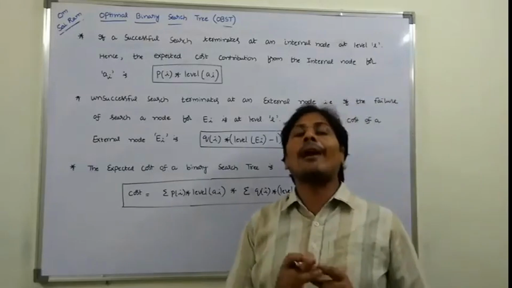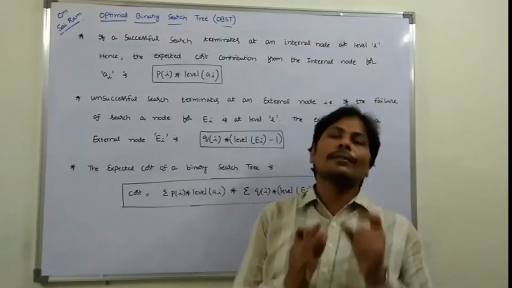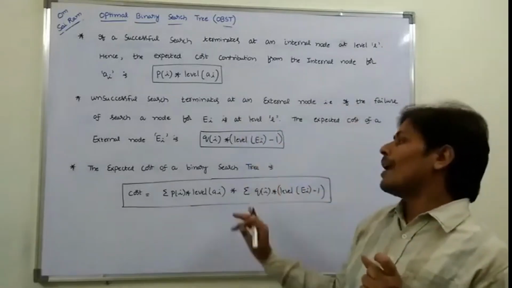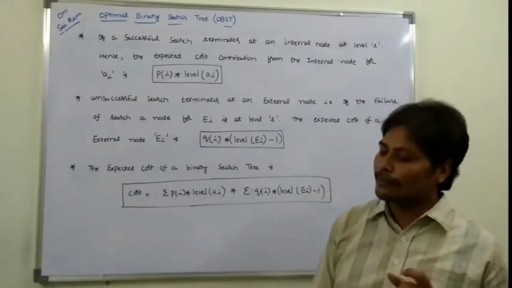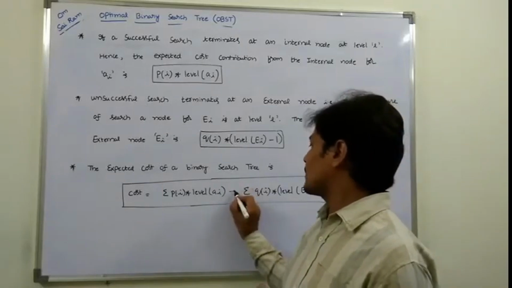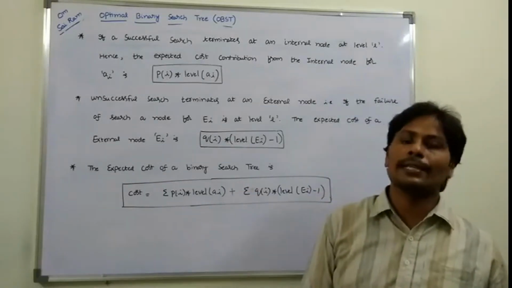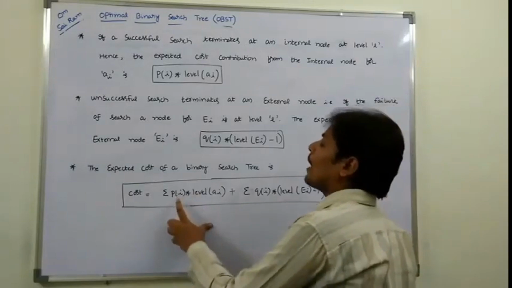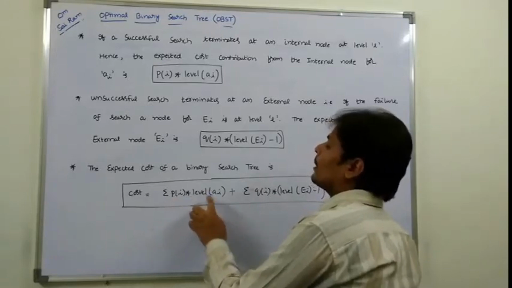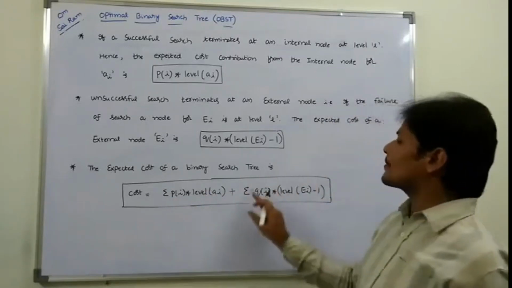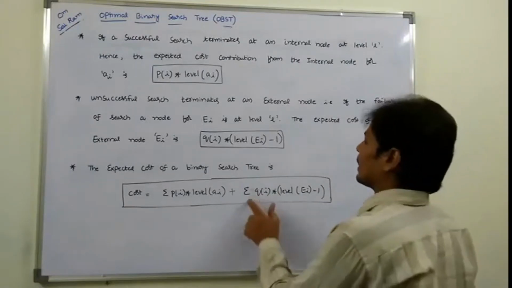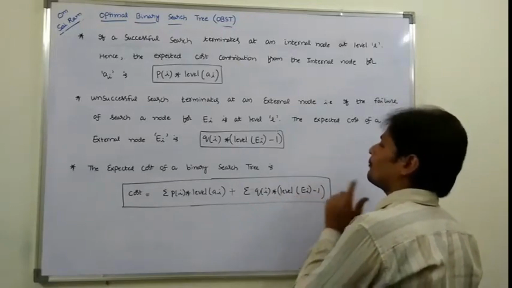So then what is the cost of the binary search tree? The cost of the binary search tree is equal to the successful search cost plus the unsuccessful search cost. Successful search cost is the sum over the successful searches for an identifier, sigma P of I into level of A of I, plus the unsuccessful search cost, sigma Q of I into level of E of I minus 1.